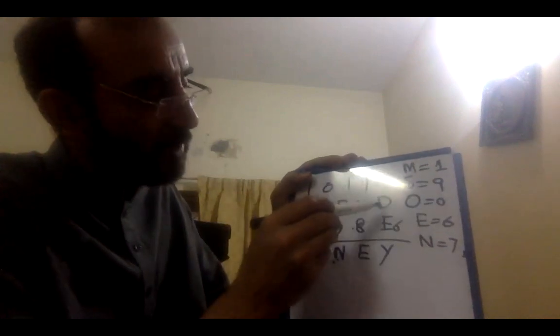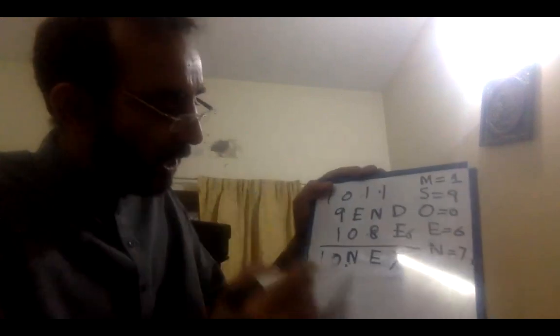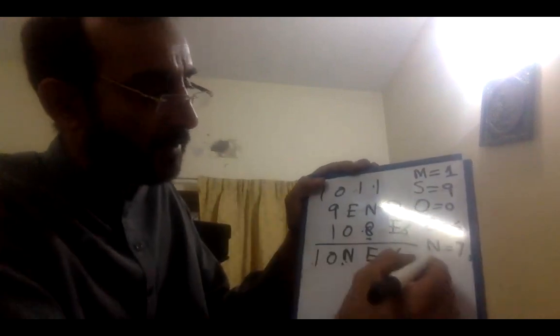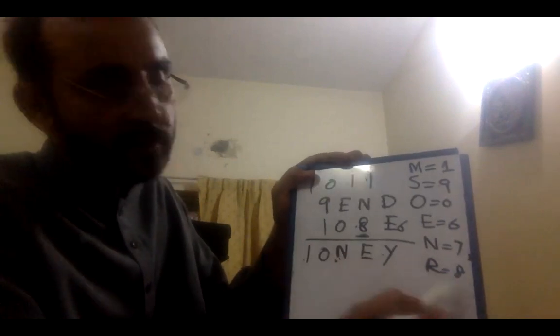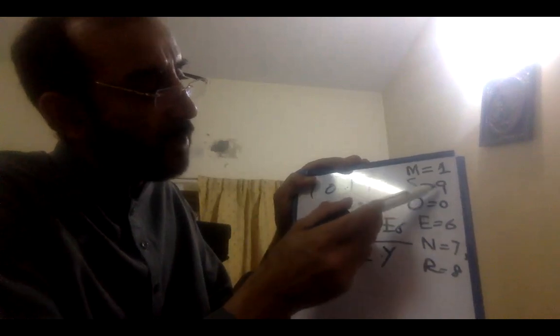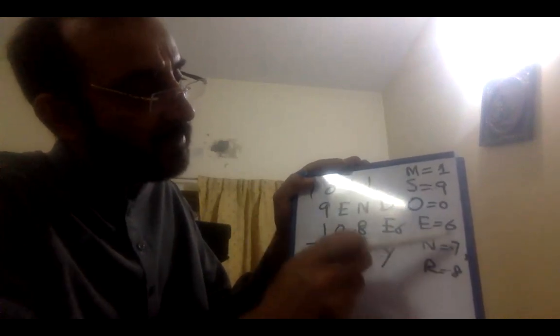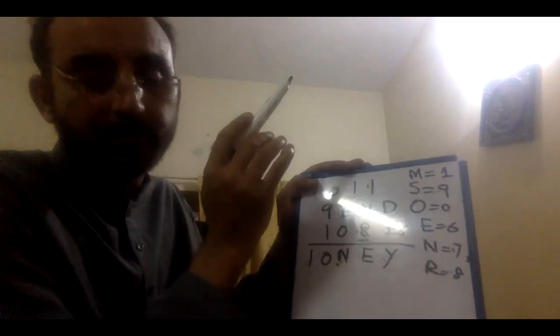And now I have to extract values for D and Y. And how many values are available? 9 is gone. Also there is R, R is equal to 8, which is also gone. So 9, 8, 7, 6 are gone, and 0 and 1 are also gone.